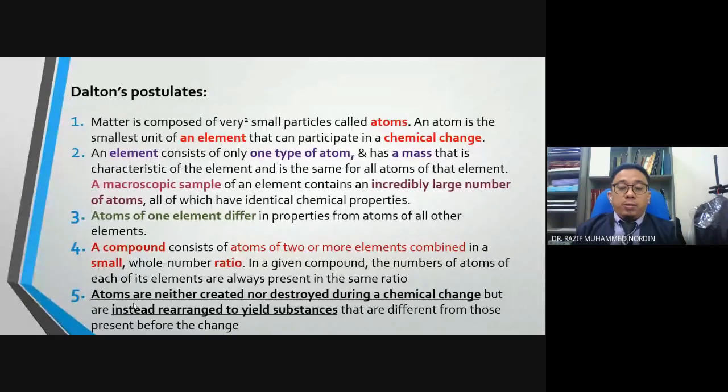So you cannot connect the water with the carbon monoxide.